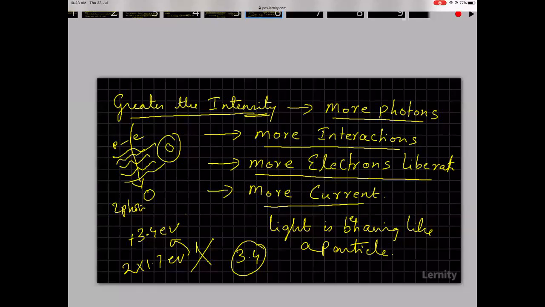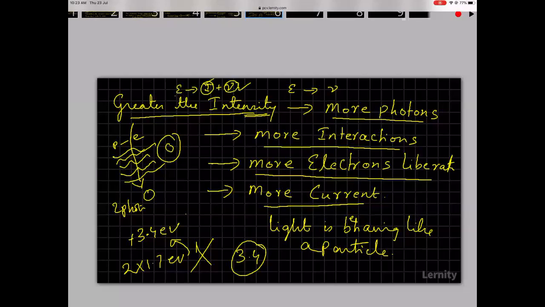This explains Planck's concept. Planck was thinking that more energy means only more frequency. No, more energy means more intensity and more frequency. You can send more energy by keeping intensity constant and increasing frequency. An EM wave can have more energy by keeping frequency constant and increasing intensity.